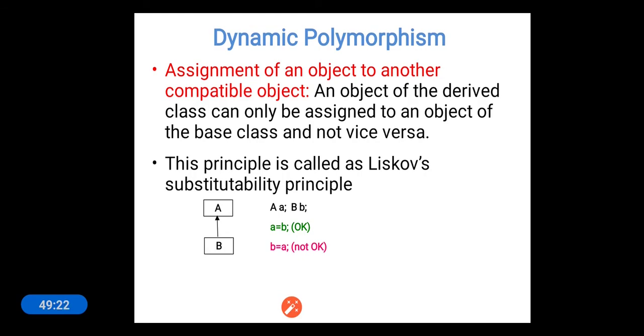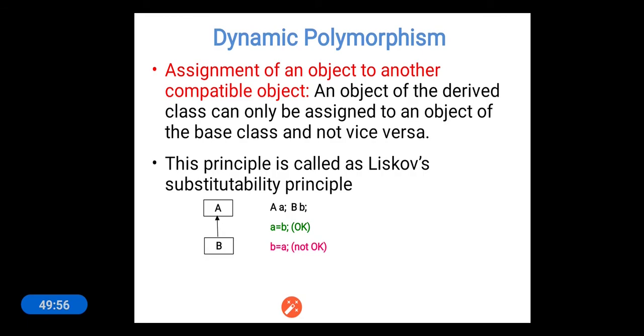So if you consider two classes A and B, here A is the base class and B is the derived class. We can assign the object of the derived class, that is the object of B, to the object of A. Let us consider small a and small b are the objects of classes capital A and capital B. Then we can have a equals b.